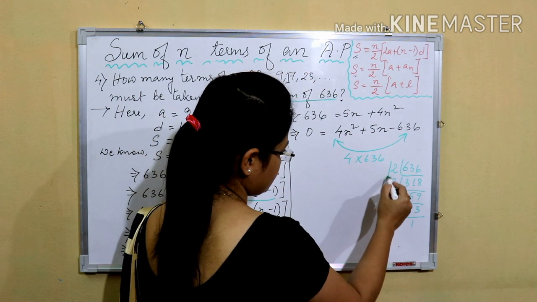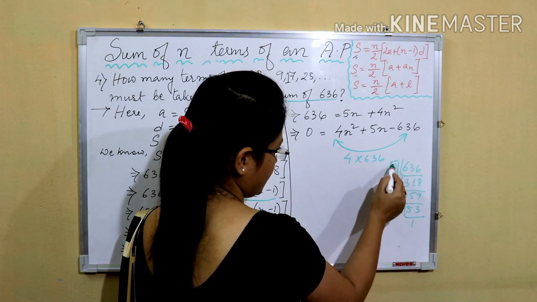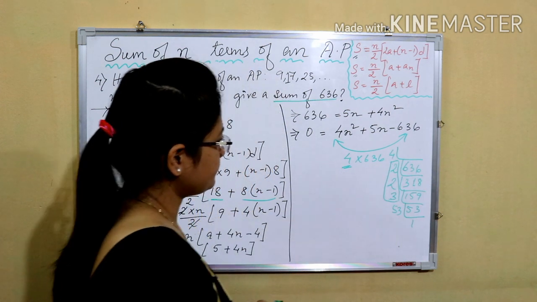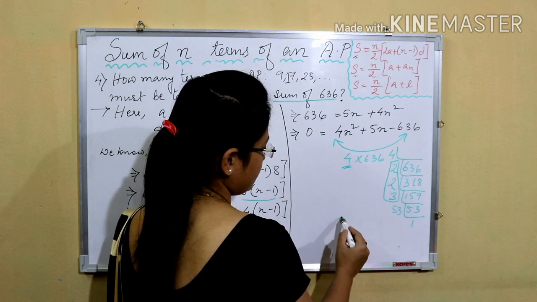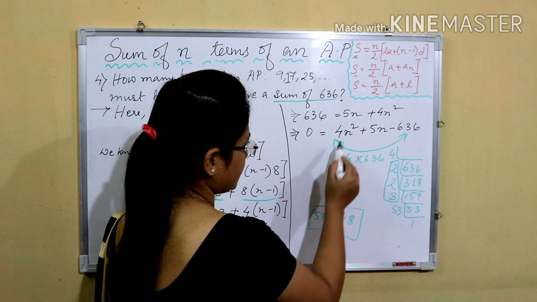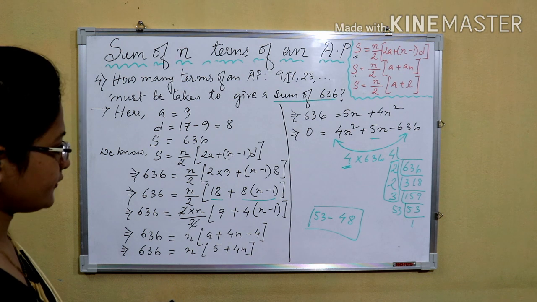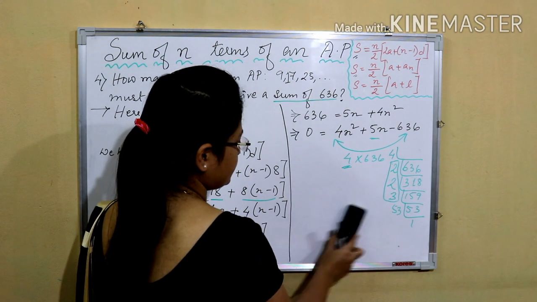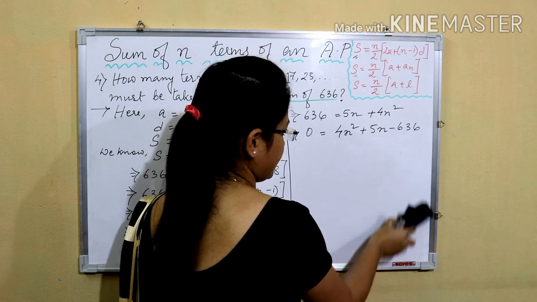So we got 6, 2, 2, 3. 2 2s are 4, 4 3s are 12, 12 4s are 48, and we got 53. Yes, 53 minus 48 will give you 5. That means we got our factors as 53 and 48.